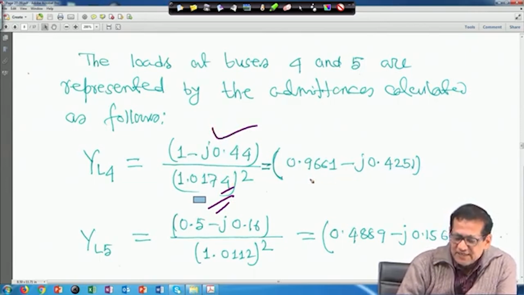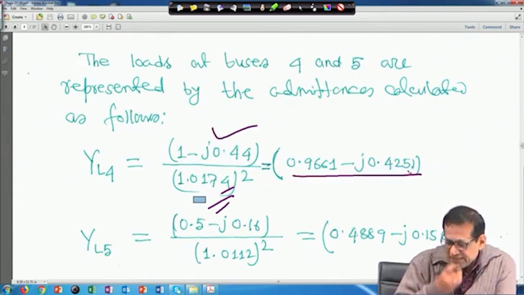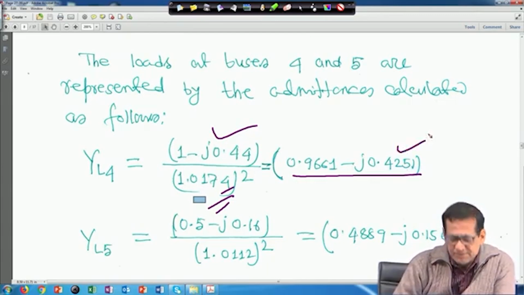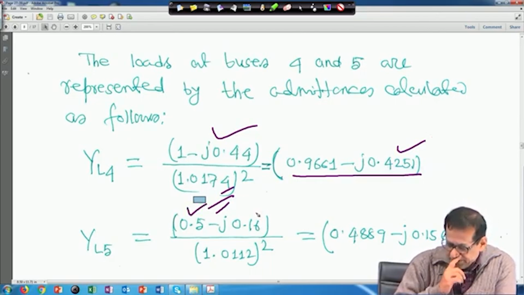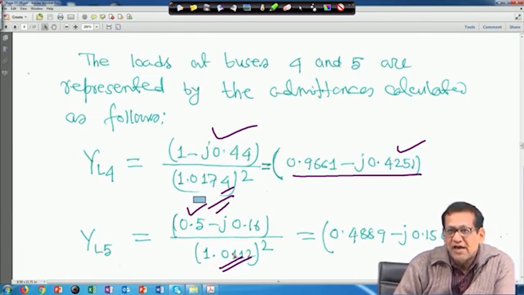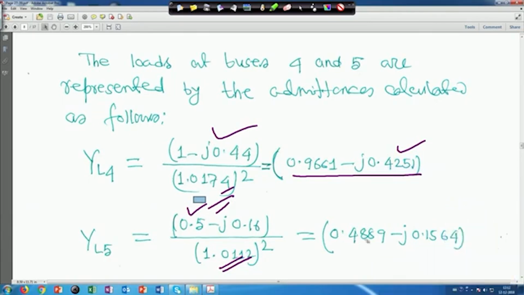If you simplify, that load admittance becomes 0.9661 minus j0.4251. Similarly, for bus 5 the load is 0.5 minus j0.16 divided by V5 magnitude 1.0112 squared, which gives 0.4889 minus j0.1564. So, these two load admittances are known.